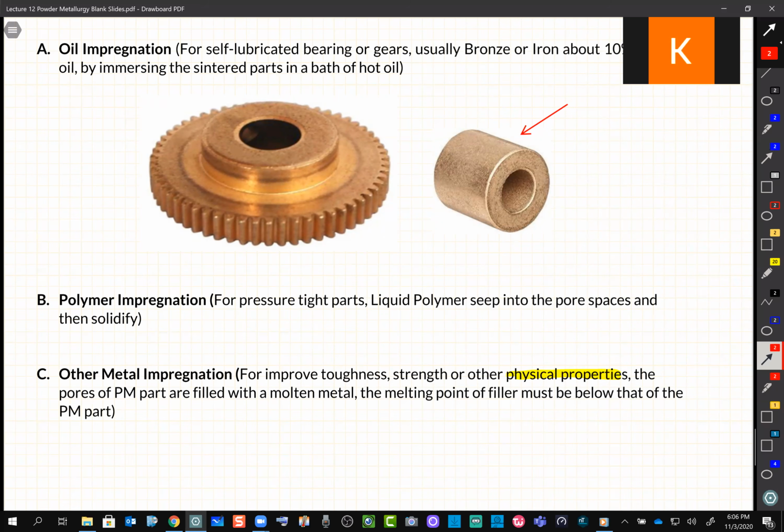I was wondering, is it any different with powder metallurgy parts or regular parts when cracks propagate? Because theoretically, I'm guessing there's gaps between the particles and everything. Yeah, that's a good question. So when we make something with forging, which again is the topic of our next lecture, there is a lower chance of crack propagation.